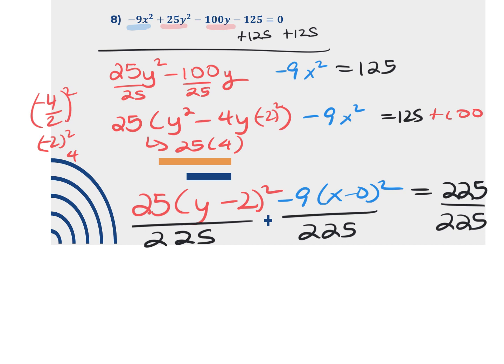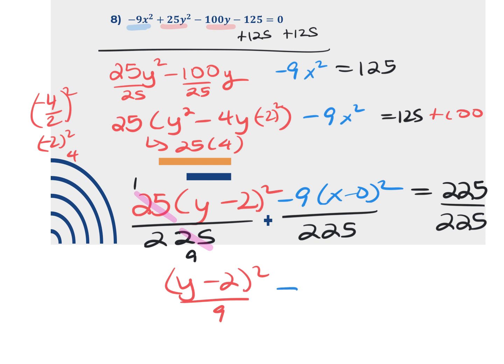25 over 225. This is going to simplify. 25 times 9, or 225 divided by 25 is 9. So this will simplify, and this becomes a 9. This becomes a 1. So this will become y minus 2 squared over 9.